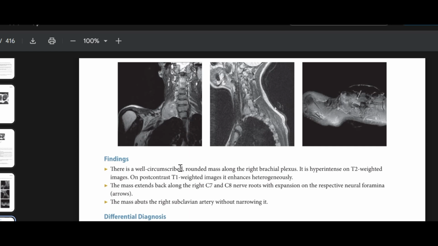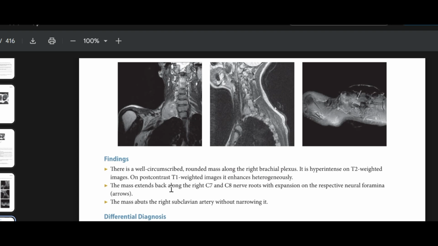There is a well circumscribed rounded mass along the right brachial plexus arising from the lower cervical nerve roots of the brachial plexus and the upper thoracic. The mass is of heterogeneous signal on T2 weighted image, and in post-contrast T1 weighted image, it enhances.